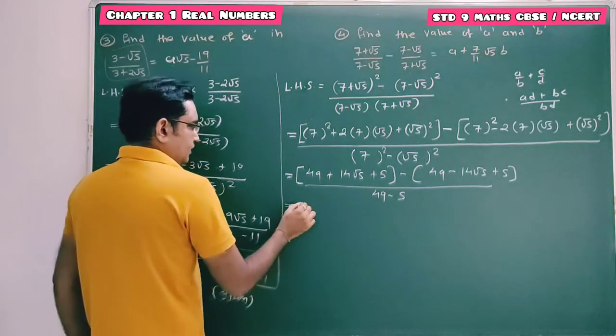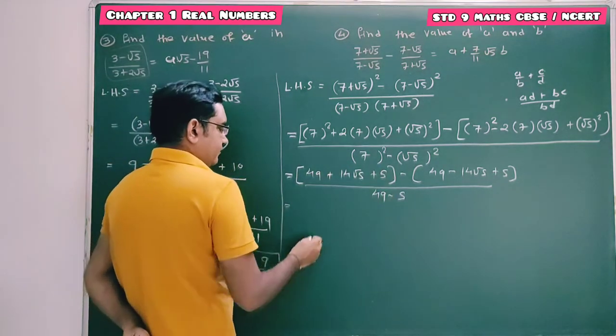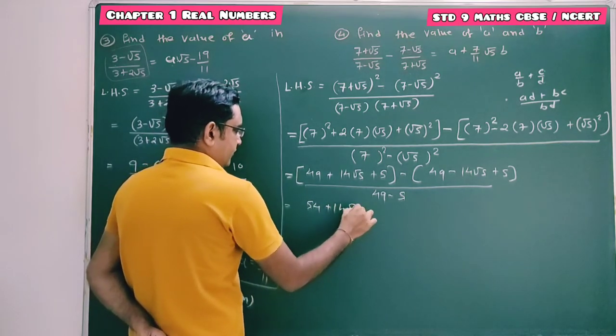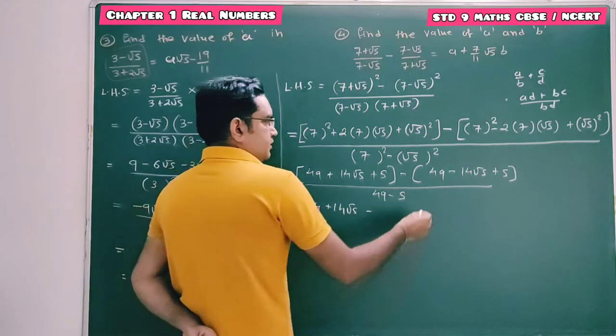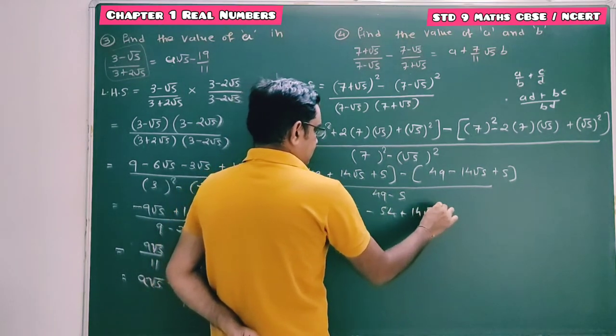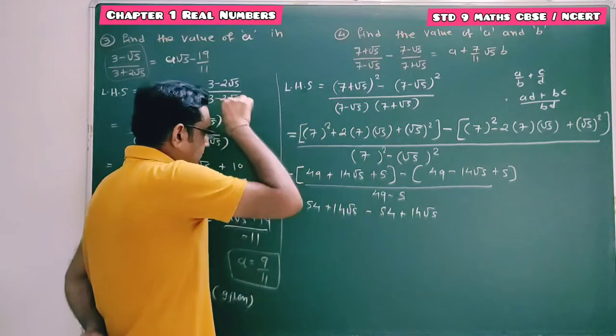Now here 49 plus 5 is 54, and 54 plus 14 √5. Done.